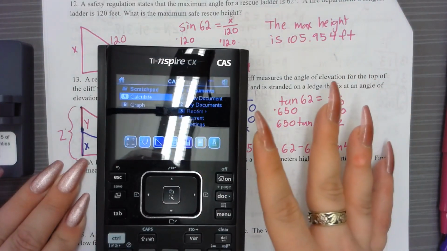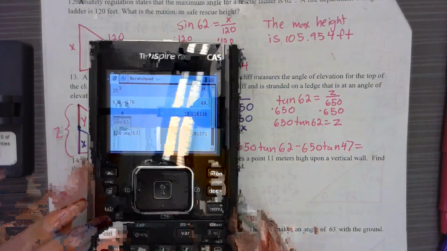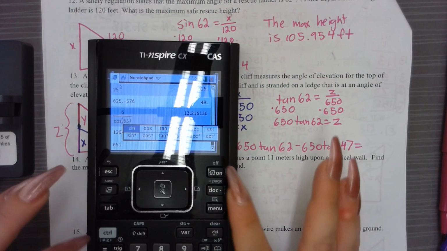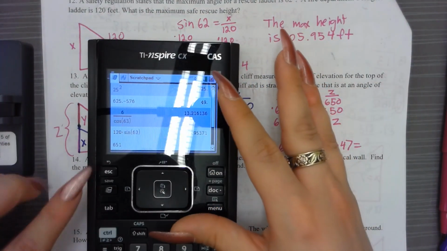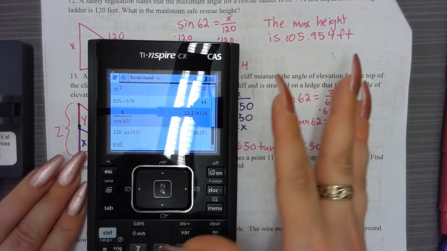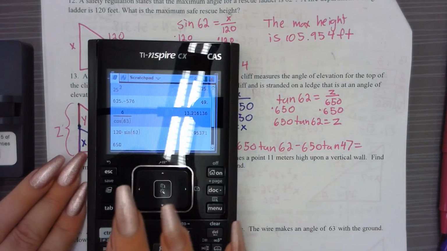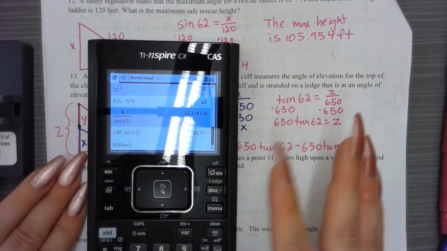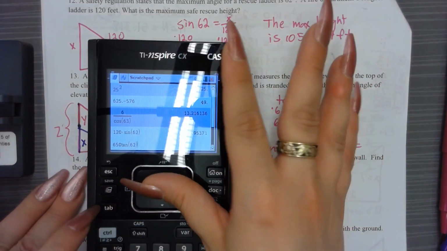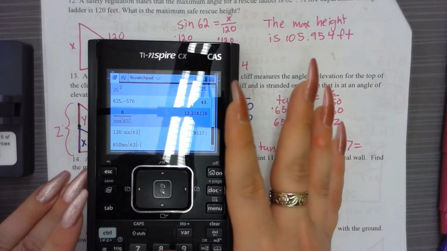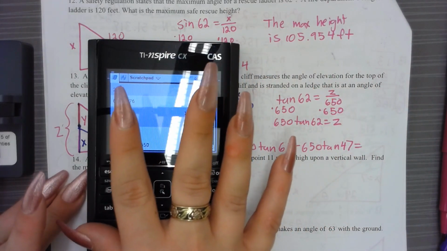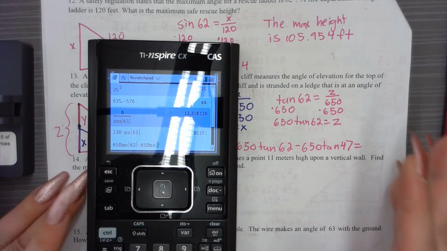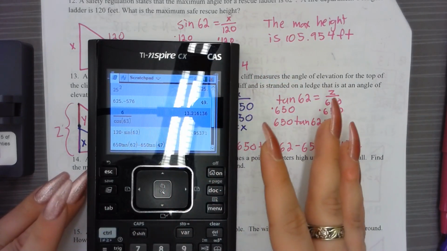If my calculator would stop shutting off on me. Okay, so 650 times the tangent of 62 minus 650 times the tangent of 47.